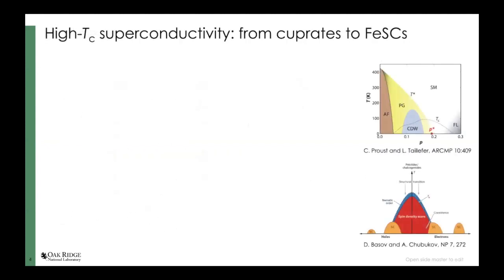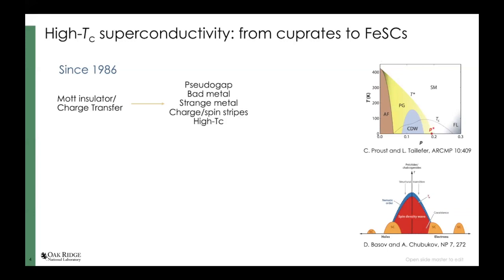Okay, so usually we want to start from the phase diagram, and we usually compare the phase diagram between cuprates and iron-based superconductors. If we start from the cuprates, the parent compound is widely believed to be a Mott insulator or charge transfer insulator, depending on how you view the problem. If you dope holes or electrons, you end up with a very complicated phase diagram.